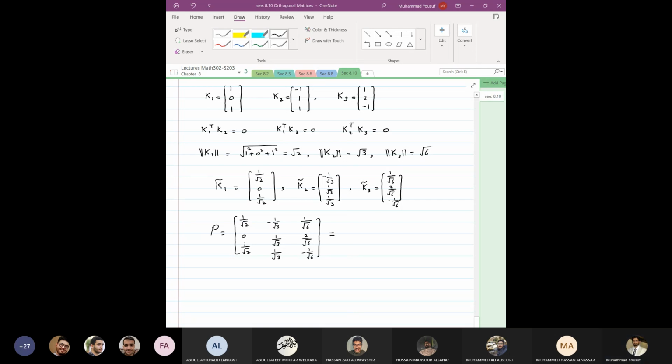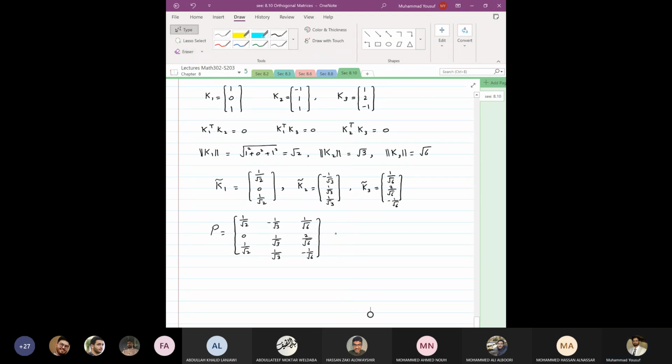We can simplify this by taking square root of 6 in the denominator as a common factor. Sorry, the second column shouldn't be all positive: minus, positive, positive. Okay, yes, 1 over square root of 6, but there will still be square roots inside with some entries.